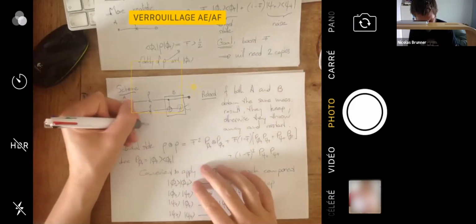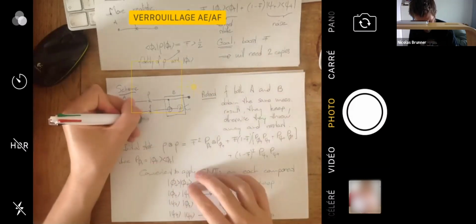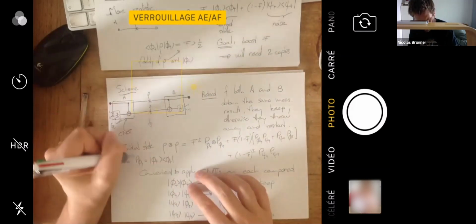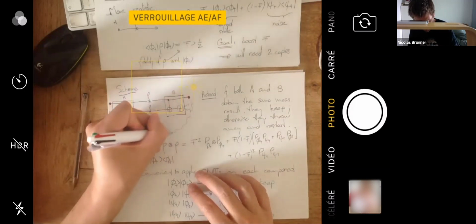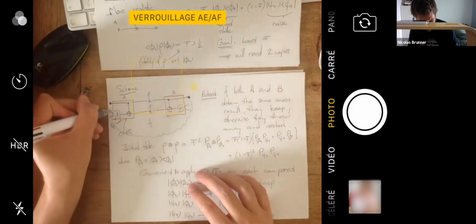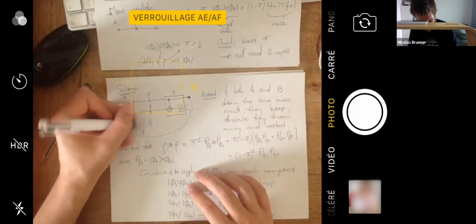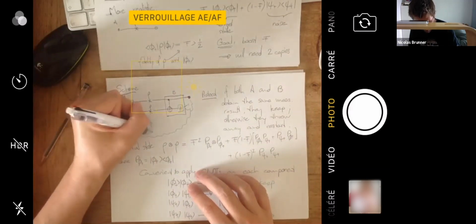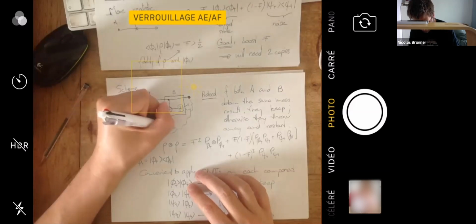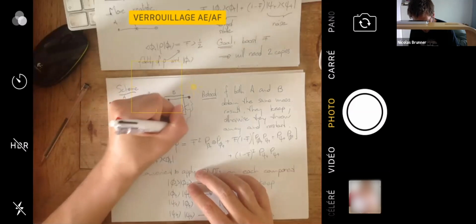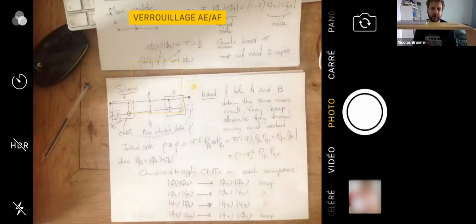Maybe I write it in blue. And then with some probability here, we managed to create now a more entangled state that we called rho prime.